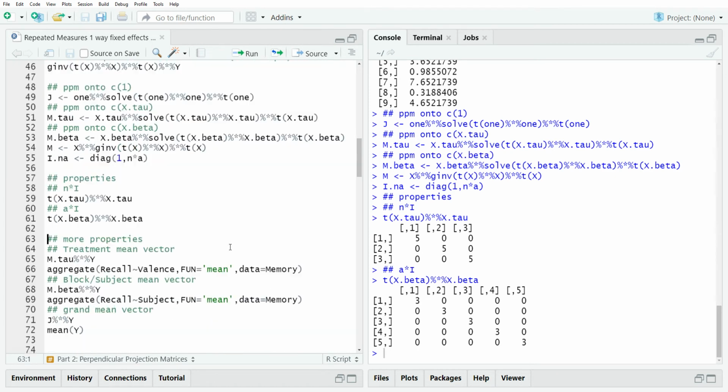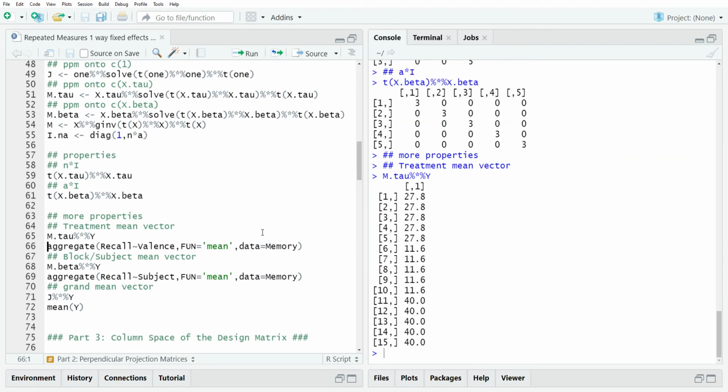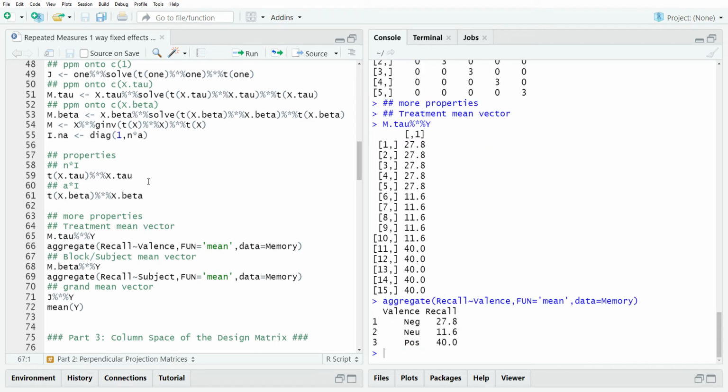More properties, we calculated the treatment mean vector, which is M tau times y. And here I use aggregate to calculate the treatment means. And notice that 27.8 is here, 11.6, and 40. So I'm showing you the structure of the treatment mean vector.